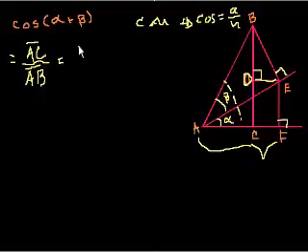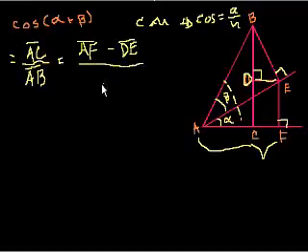That equals AF minus DE, all of that over AB.